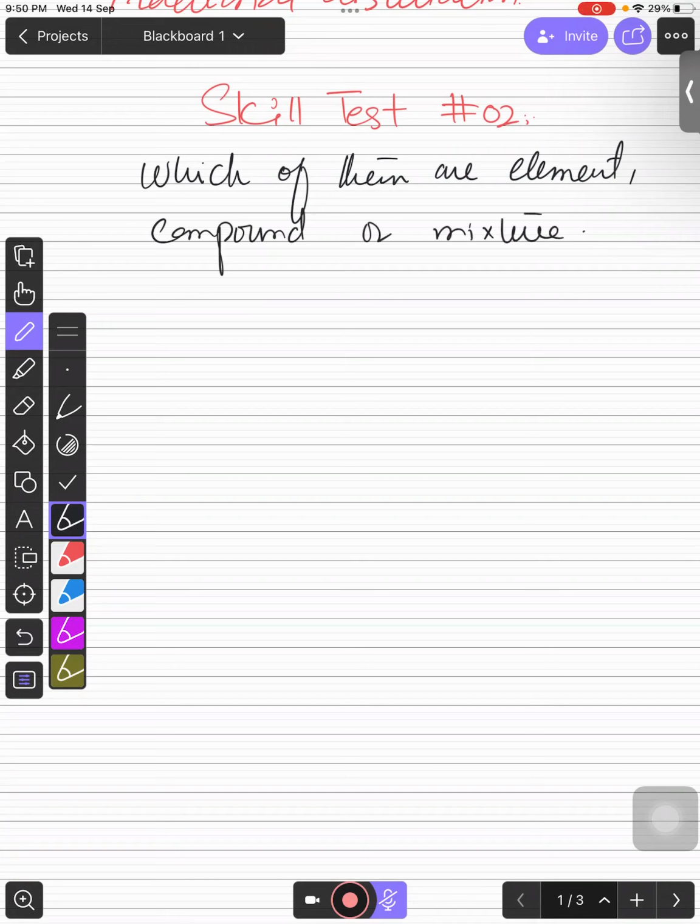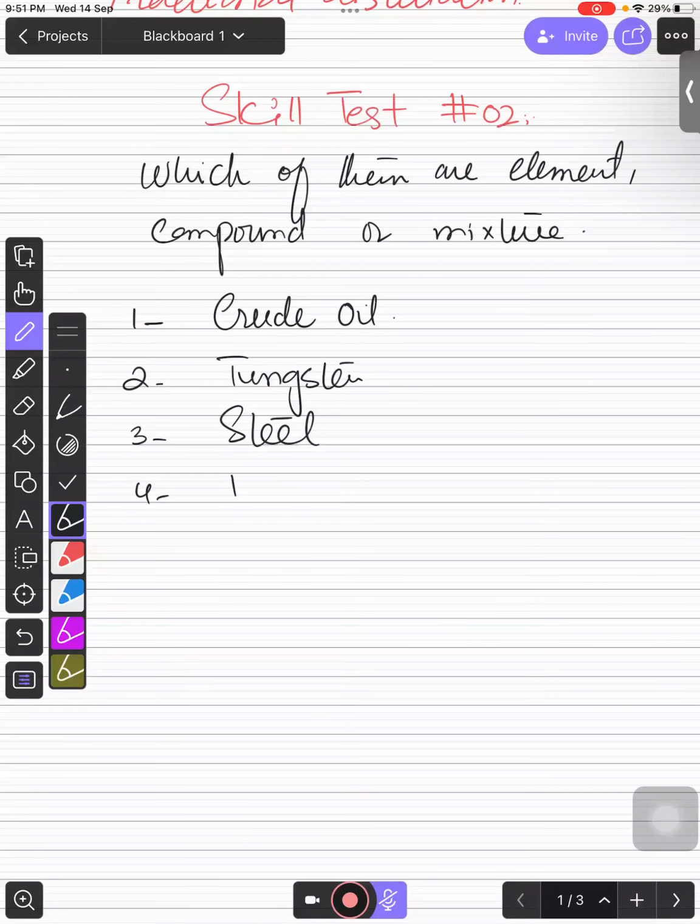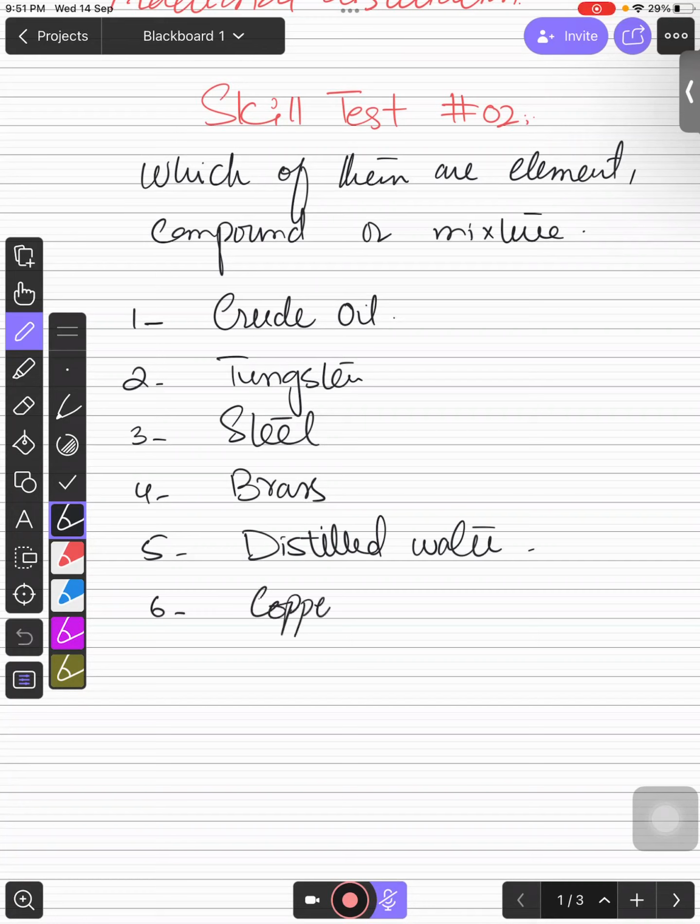For example, the first example is crude oil. It is very important. That is why I'm using this one. Then tungsten, right? Then steel, right? Then we have brass. We have distilled water. We have copper sulfate.